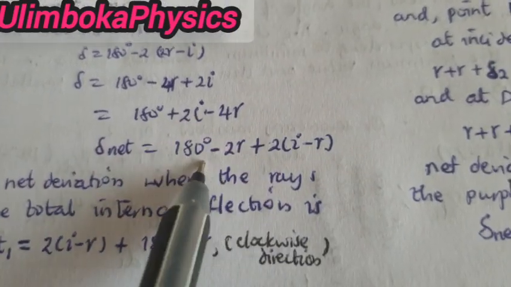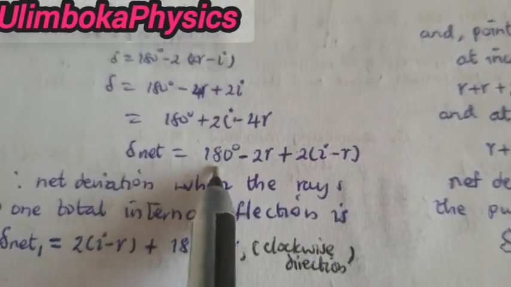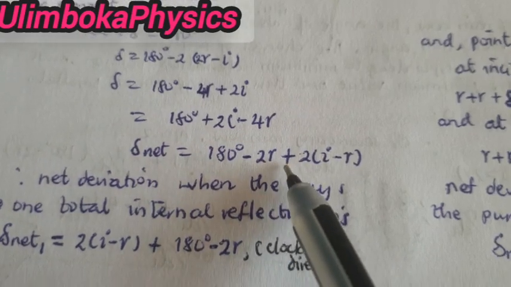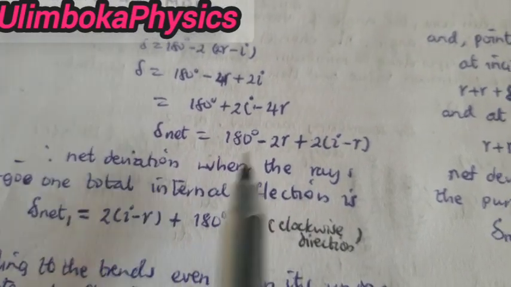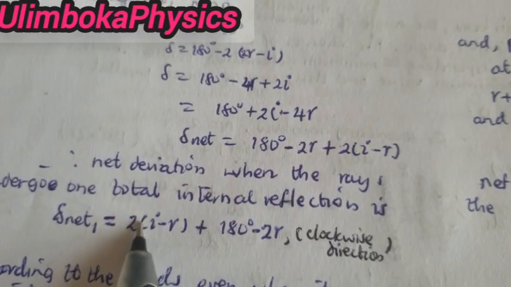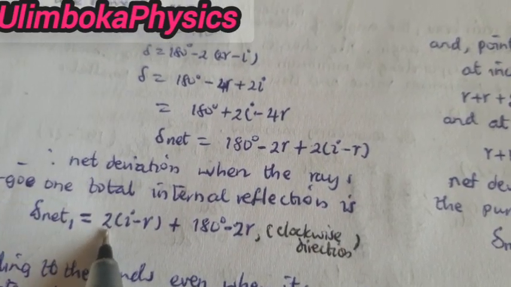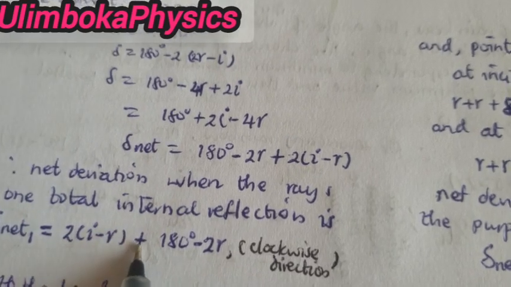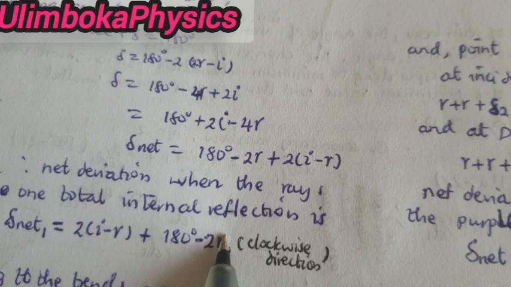Then we rearrange this expression to get a simplified expression: twice (i minus r) plus 180 degrees minus 2r.